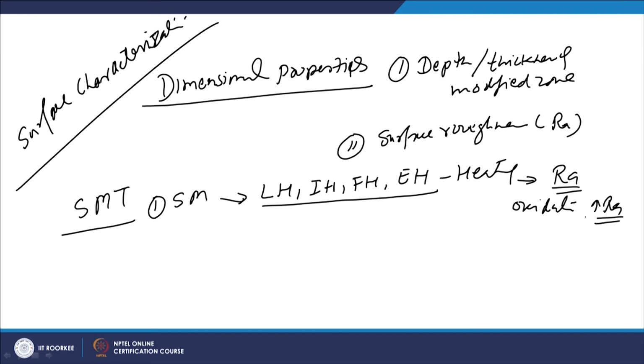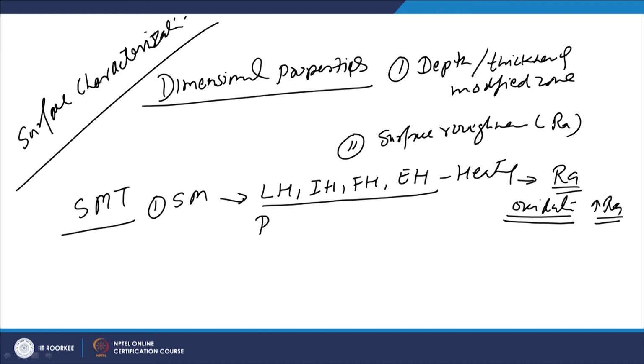Otherwise, the surface properties with regard to the presence of surface irregularities are not modified, except whatever change in the surface roughness takes place, that will happen primarily due to the surface oxidation.